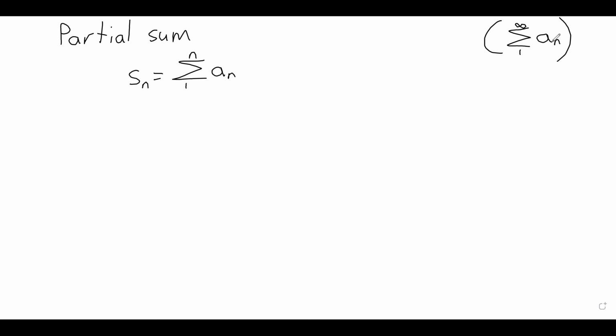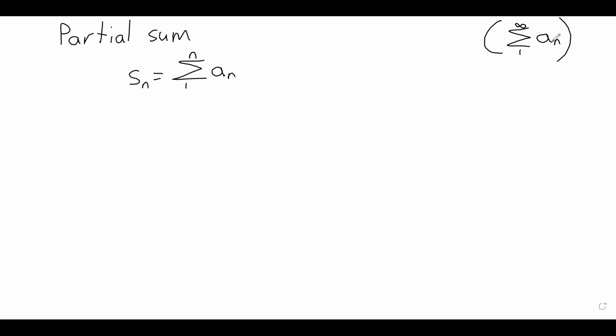A partial sum. So this is assuming that we have an infinite series. A partial sum is what you get if you take that infinite series and you clip it off somewhere.